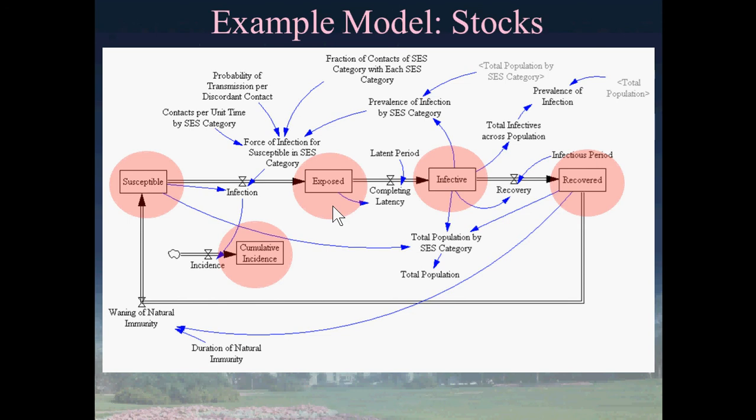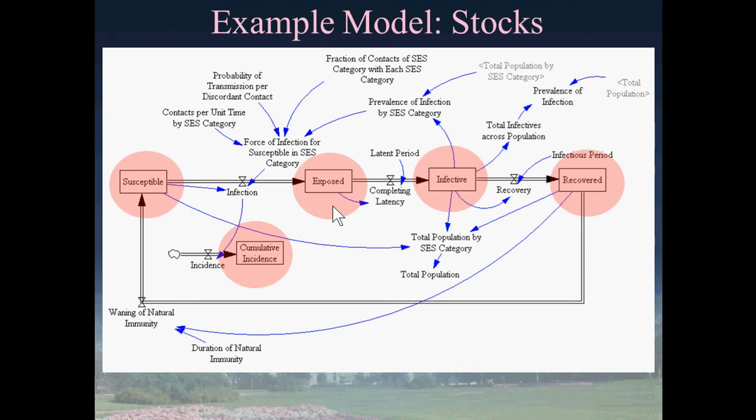Perhaps, through booster vaccinations, we decrease the amount of waning immunity going on. That would slow down this flow back to the state of susceptible from recovered. Other interventions might focus on hygienic measures to lower the probability of transmission from one individual to another. That would lower this infection flow.